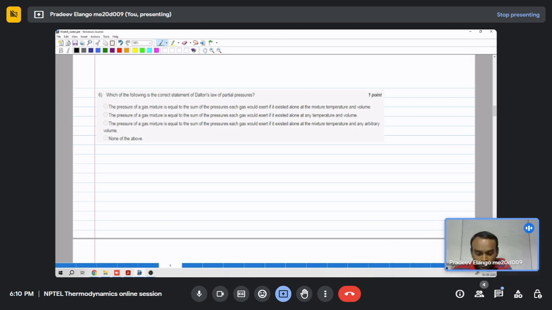Now, which of the following is the correct statement for Dalton's law of pressure? The pressure of gas mixture is equal to the sum of pressures each gas would exert if it existed alone at the mixture temperature and volume, or at any temperature and volume, or at the mixture temperature and any arbitrary volume, or none of the above.